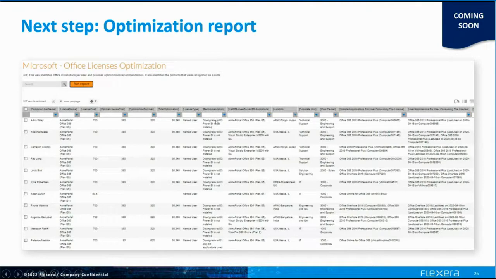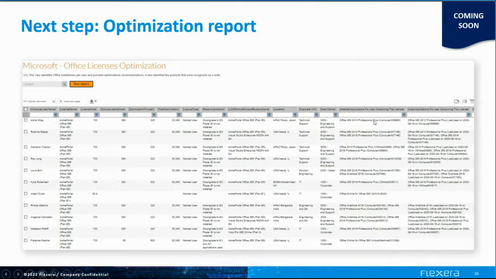So the recommendation is basically: yes, you have subscribed to that, you need to pay $700 a year. You have installed one of these many applications, but given what you use, for example here there was maybe a Power BI, you are not using Power BI, you have not installed it.